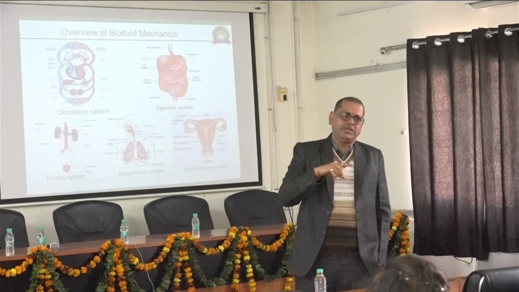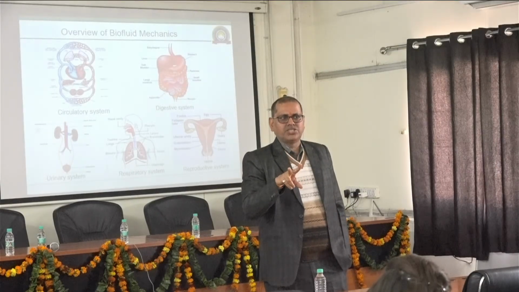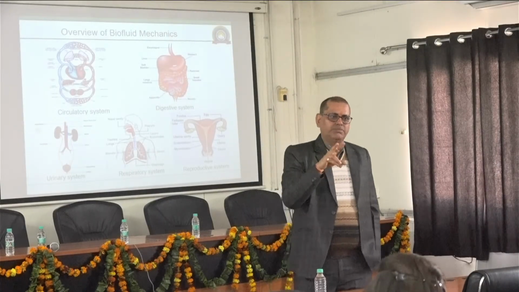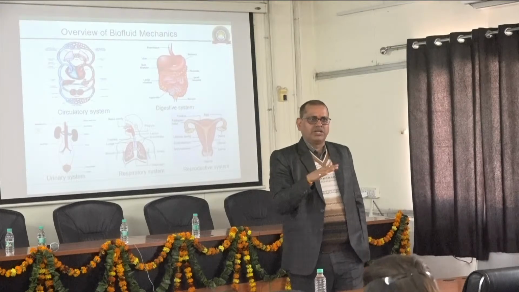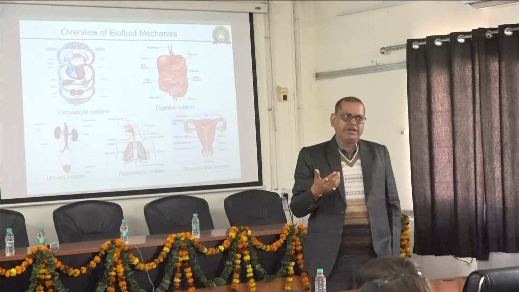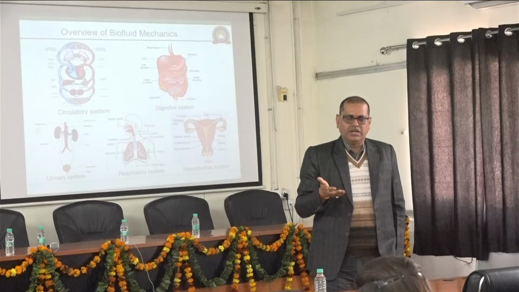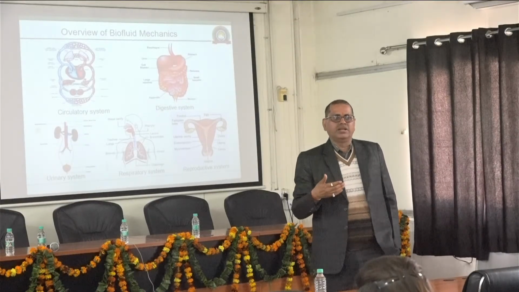So anatomy and physiology are two different branches of biology, where you have to study, whether it is botany or zoology, what types of mechanics and phenomena are involved, and then you can formulate them mathematically.